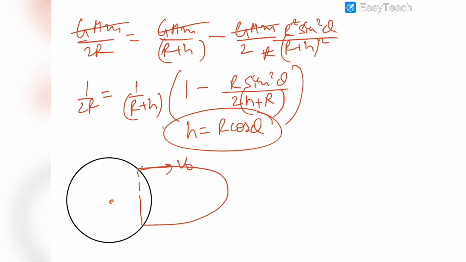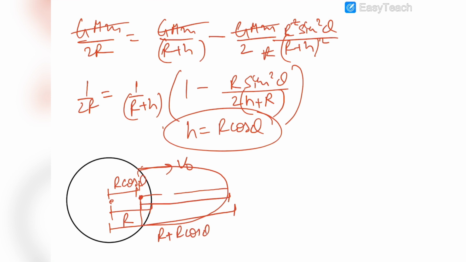The path would be elliptical, and this distance is R, and this is R cos theta, and this complete distance is R plus R cos theta. So this distance will be equal to R plus R cos theta minus R cos theta, which is R, and this is R sin theta.